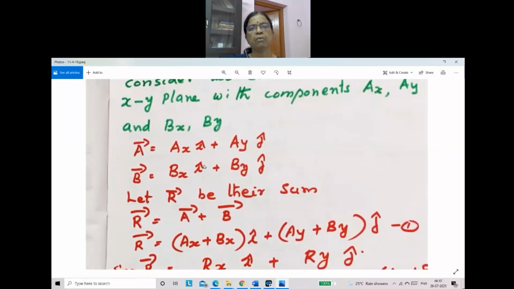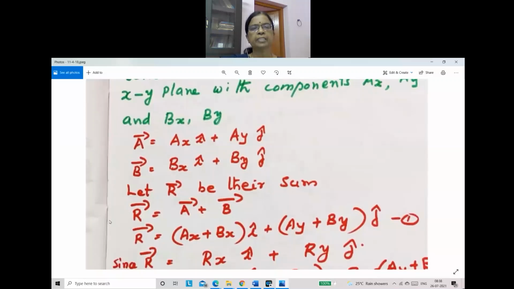What is ay? The component of vector A along the y direction. What is bx? The component of vector B along the x direction. And what is by? The component of vector B along the y direction. And we are going to add these two vectors A plus B, and we will get a new vector. Components will be different because we are adding these two vectors.